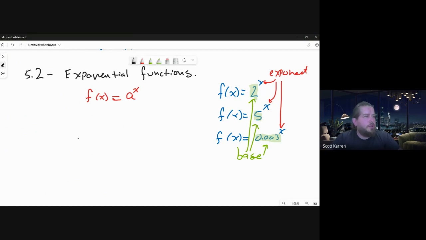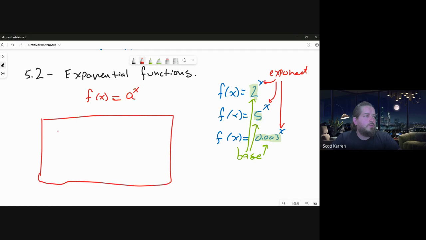We would note here that we're not talking about things like f of x equals x squared. That's not exponential. X is the base.